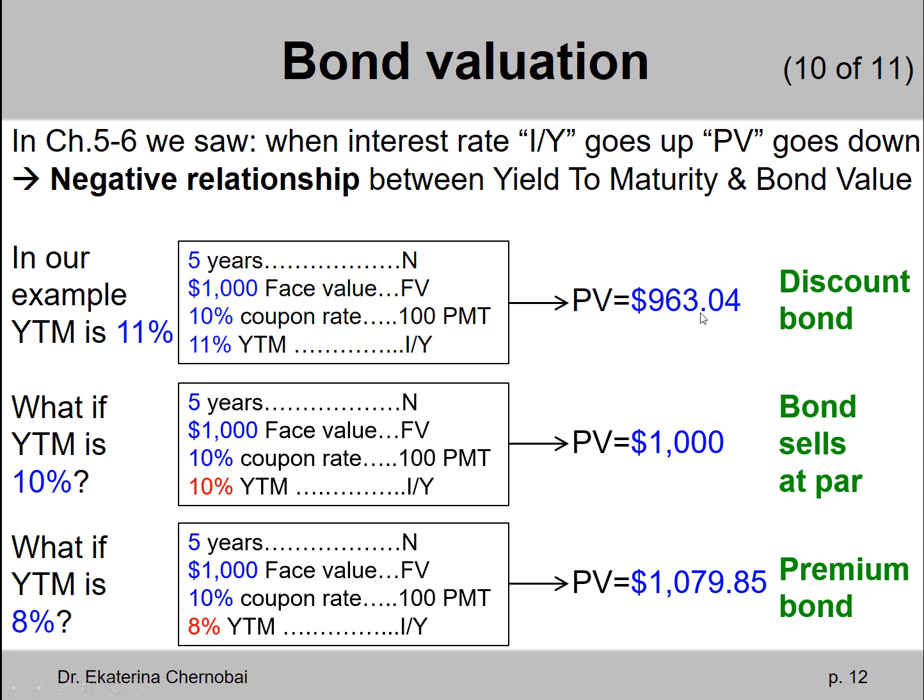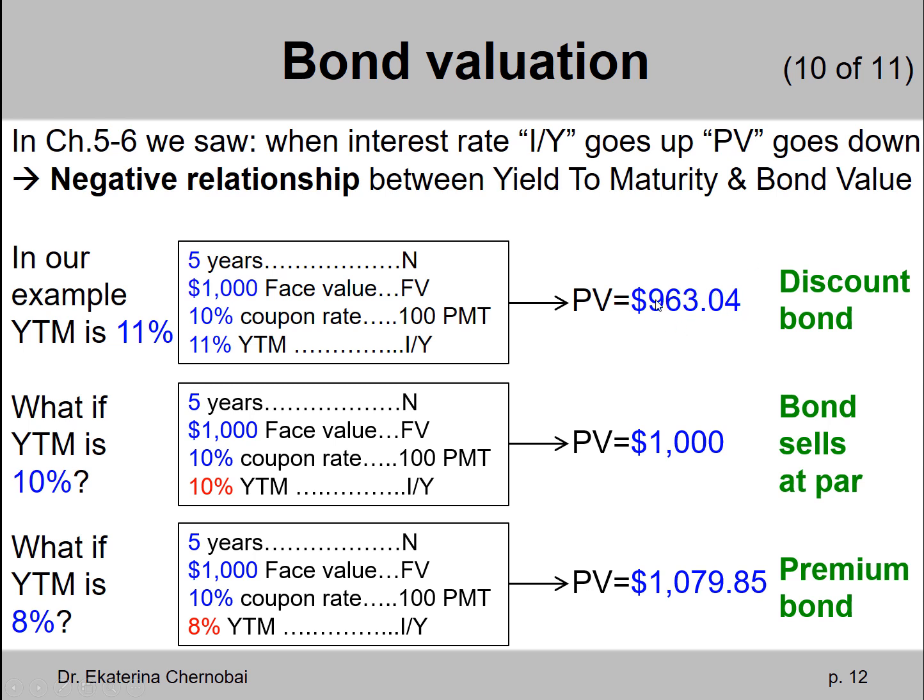So $963.04 is a discount bond. It's like if you're an investor and you're buying such a bond, which was issued by some company, you're kind of buying it at a discount, because when in the future you'll be receiving your interest payments, known as coupons, and then the last lump sum payment at the very end, which is $1,000, it's kind of like you're lending less than what you're getting back.